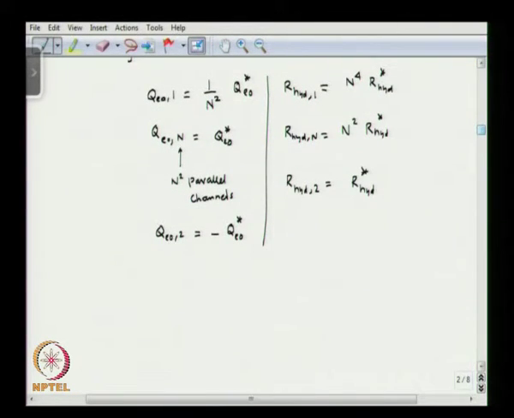Now, if you go for mass conservation, the total amount of fluid that comes through part 1 of the channel is equal to the same that goes through the second part of the channel.